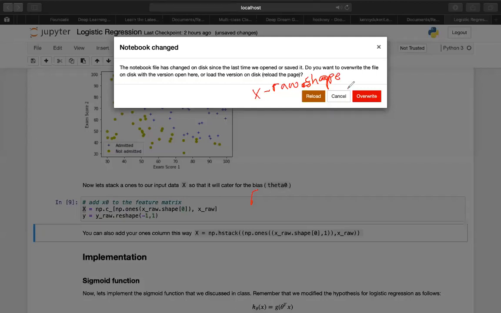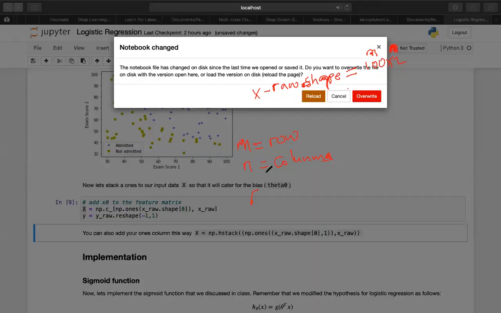Ignore what's on the screen though. X dot shape gives us 100 by 2. Let's call 100 n, and this is m. Or rather, that's not the convention. It is m by n, where m is our row and n is our column.